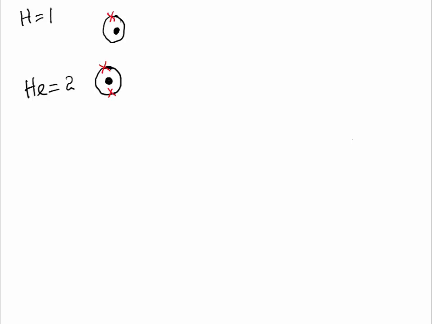The next element is lithium. Now, lithium has 3 electrons. The first 2 electrons in lithium will move into the K shell. Now the K shell is completely filled. But the remaining 1 electron will move into the L shell.